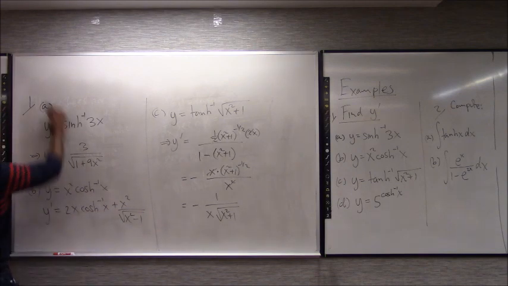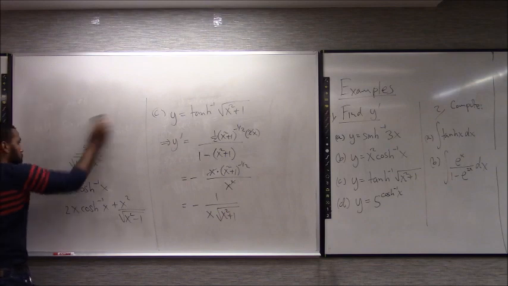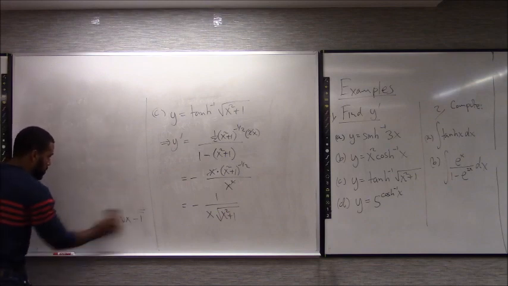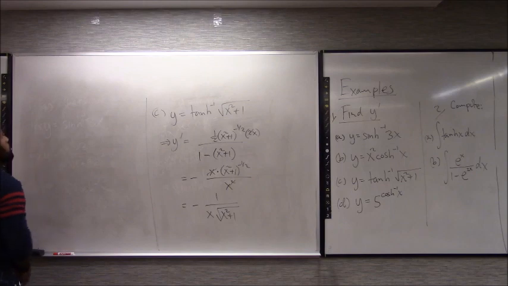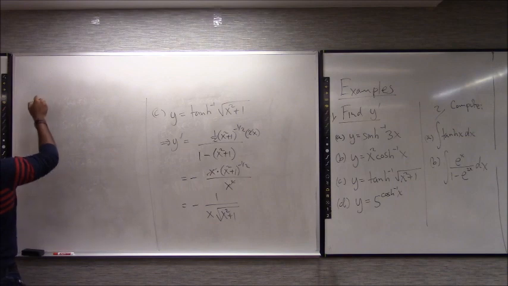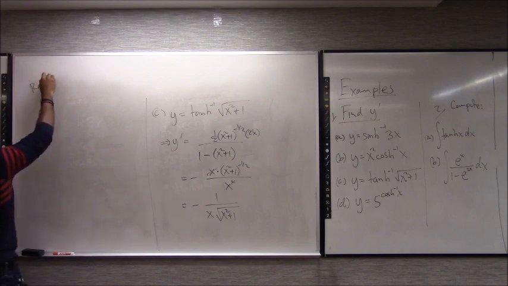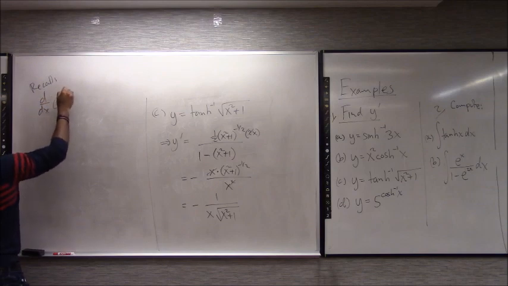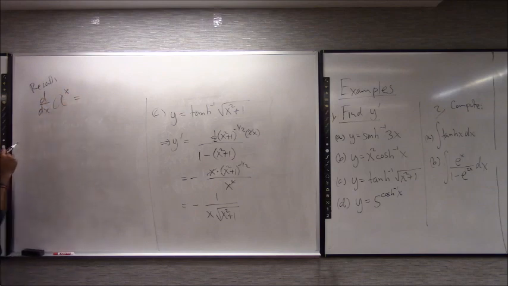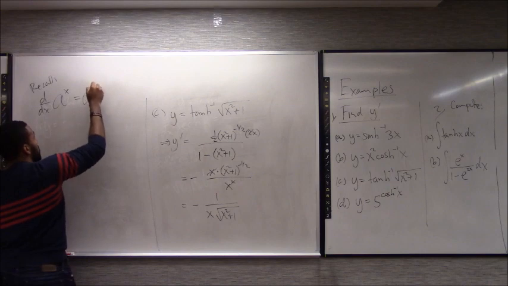Do you remember the rule to differentiate a general exponential, like 5 to the something? Recall, if you want to differentiate a to the x, what does it look like? Right, a to the x ln of a.